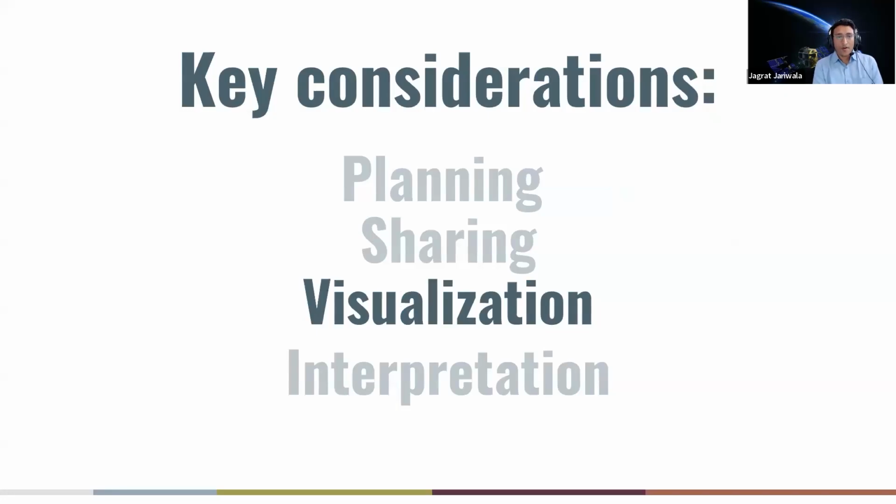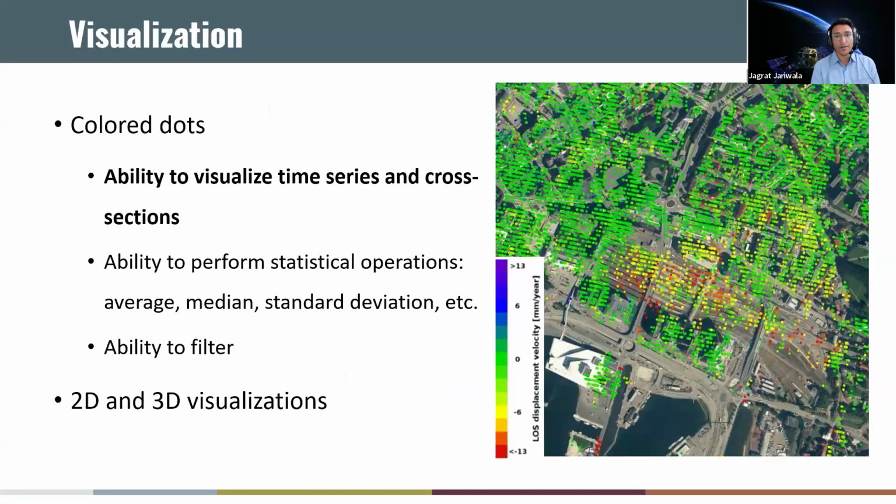Now, let's talk about visualization. Key things to keep in mind. First is colored dot plots. I briefly touched upon this, but you really do not want to look at just a static graph or visuals similar to that. You want to be able to click on each of these point estimates and understand how those points behave through the time period during which it was analyzed.